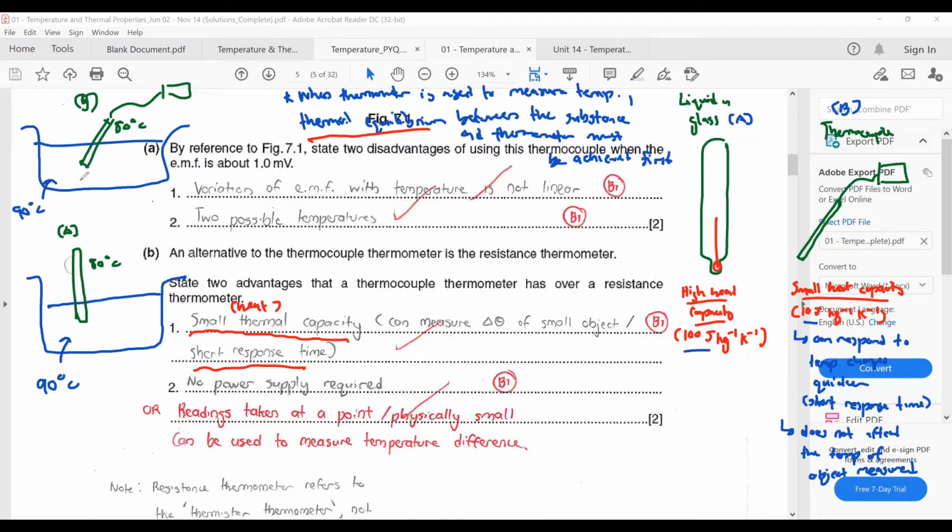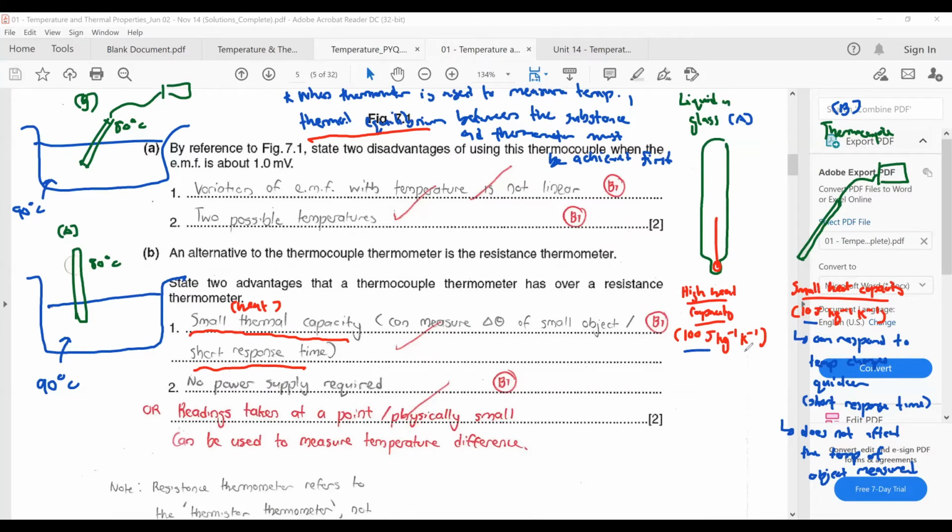In the process of reaching thermal equilibrium, if your object has small heat capacity, which one will actually reach thermal equilibrium faster? It should be the one with the smaller heat capacity, right? Correct? The one with the high heat capacity would take a longer time to reach thermal equilibrium because it requires a larger amount of heat.